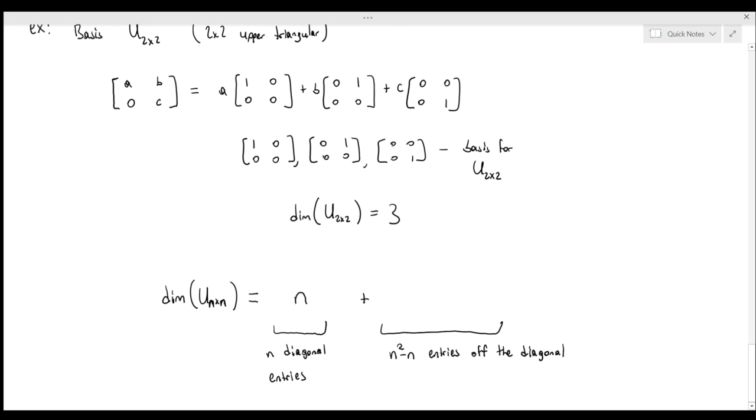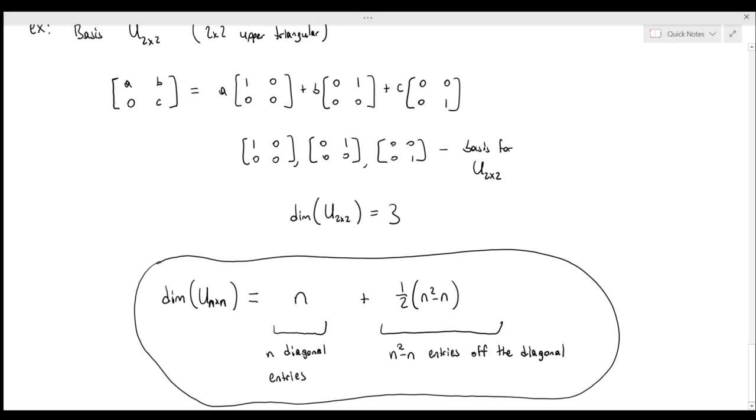Half of these would belong in the upper half above the diagonal. The other half would be below the diagonal, but those would all be zeros, so I wouldn't have to count them. So this would give you a general formula for the dimension of the space of n by n upper triangular matrices. Does that make sense to you guys? Do you understand that logic in obtaining that formula?